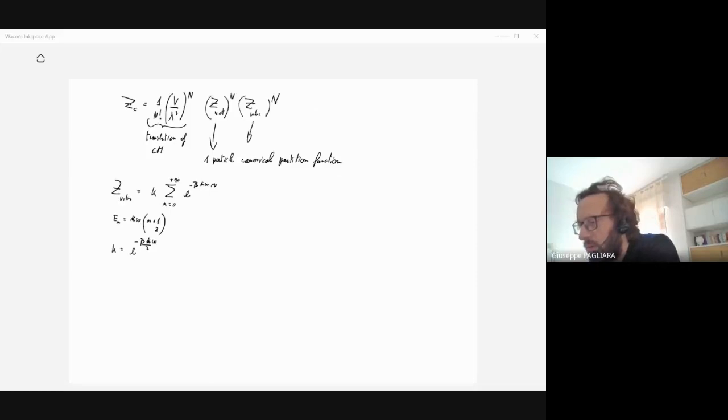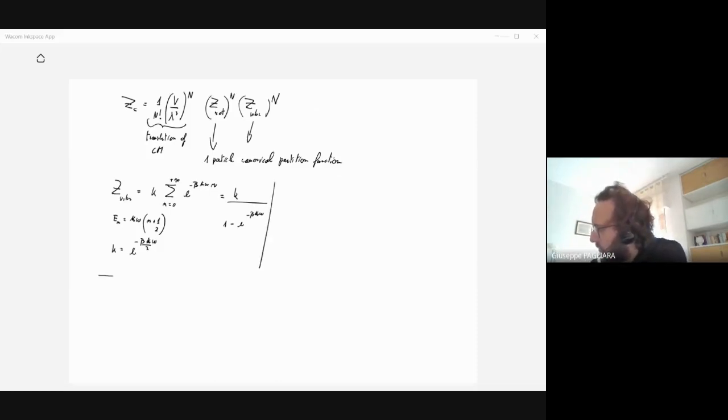We will not care about this additional factor. Okay, so now we can make the sum, which we have done many times. So e to the minus beta h bar omega.